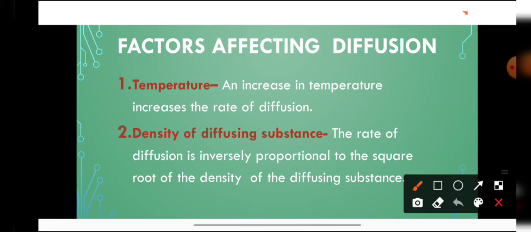And if a molecule is less dense or dilute, then the rate of diffusion will be faster. So this is Graham's law. Graham's law states that the rate of diffusion is inversely proportional to the square root of the density of the diffusing substance.